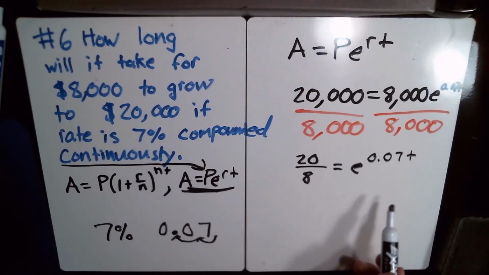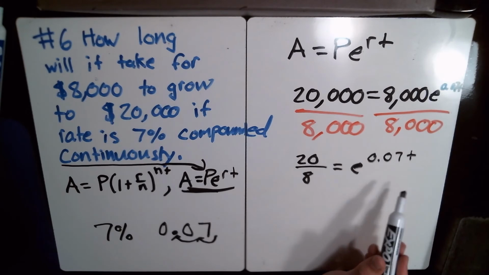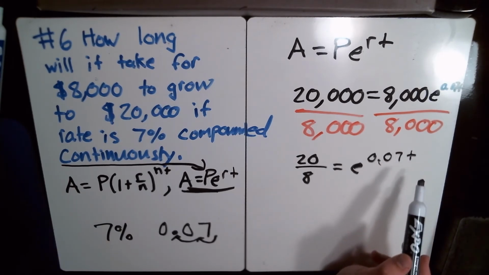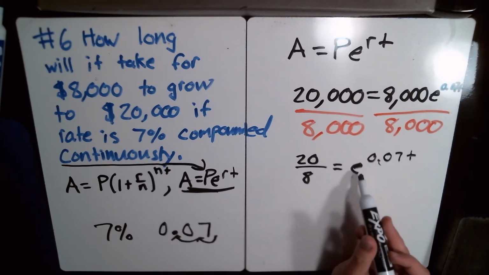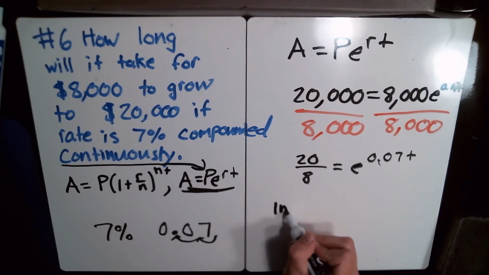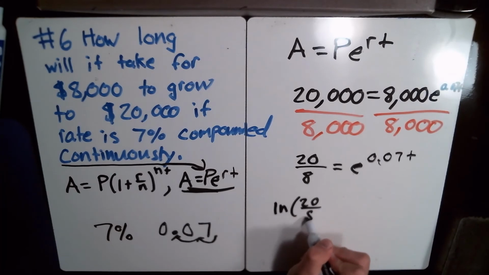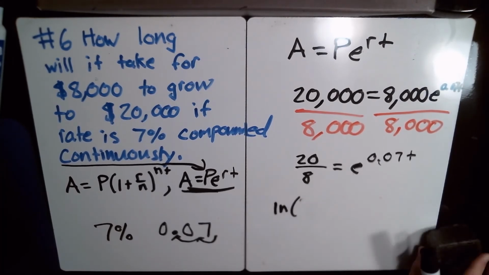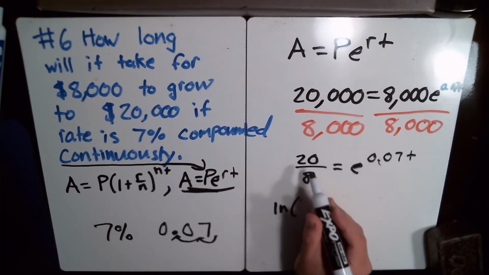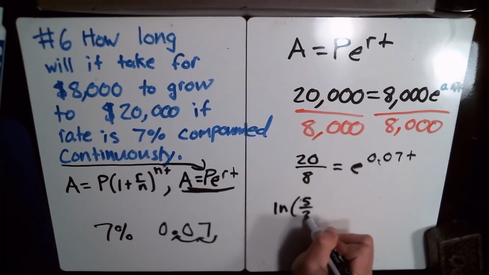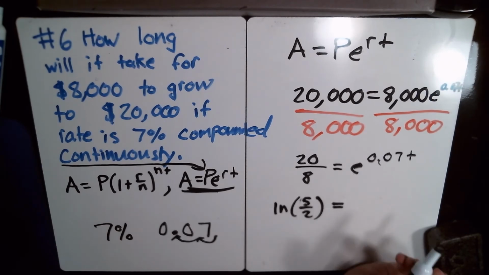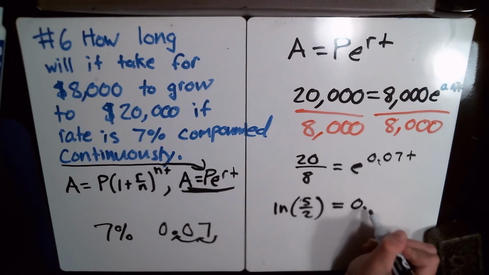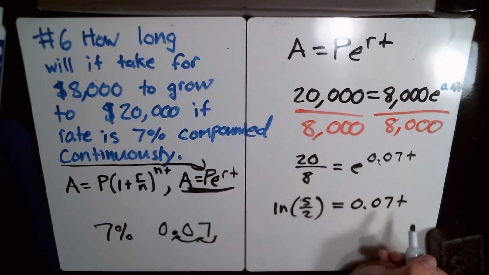Okay. And so then you can solve for t. And how do we get t out of the exponent? We need to take a ln of both sides to get rid of this e. So we do ln of 20 over 8, which simplifies a little bit, right? 4 goes into both of them, so that's 5 over 2, is equal to, and when we do the ln of this side, the e's go away, and we get 0.07t.